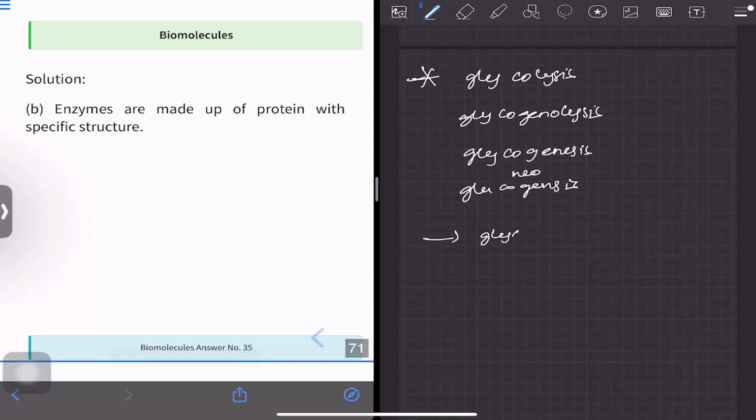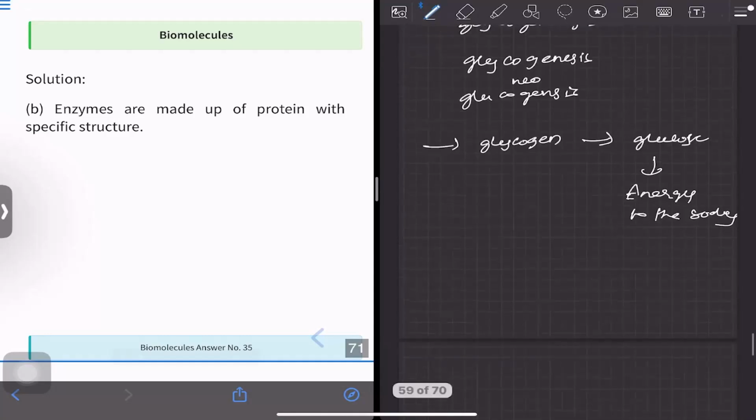Glycolysis is breakdown of glucose and it produces energy for the body. Why do we need glucose for our body? It is the main source which produces energy so we can do our daily activity. We all know for muscle contraction we need ATP. For function of the brain we need glucose. So without glucose we cannot survive.